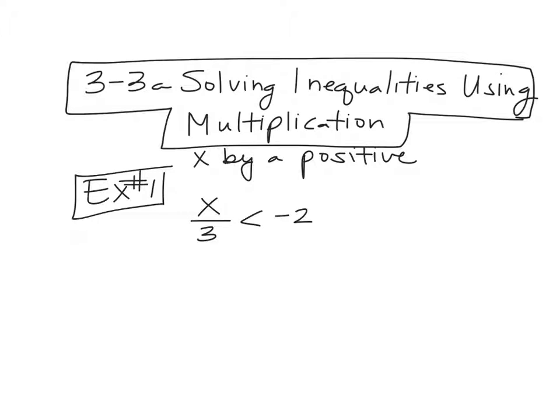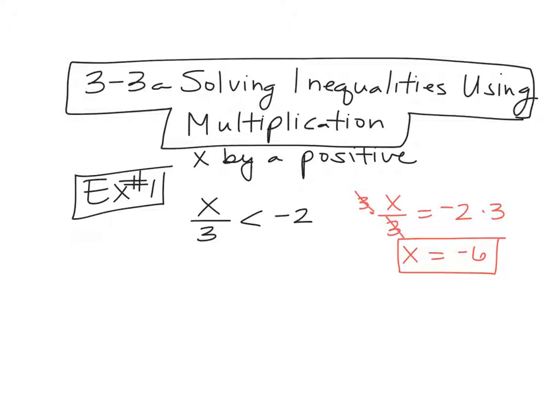Essentially what you're doing is you're thinking of it as this. X divided by 3 equals -2. How do you solve that equation? You multiply by 3 on both sides, right? We multiply by 3 to cancel this out, and then we multiply by 3, and we get x equals -6, okay?